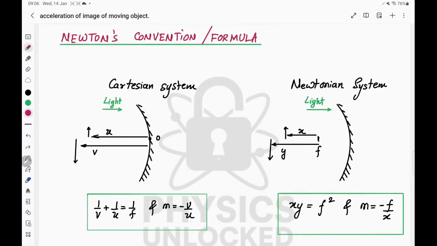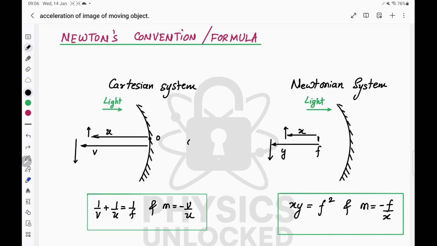Okay students, so now let us see a totally new approach in order to solve this question. So in the NCERT, we use the Cartesian coordinate system of sign convention for finding object and image distance. In that convention, we calculate the object and image distance from the pole, right?